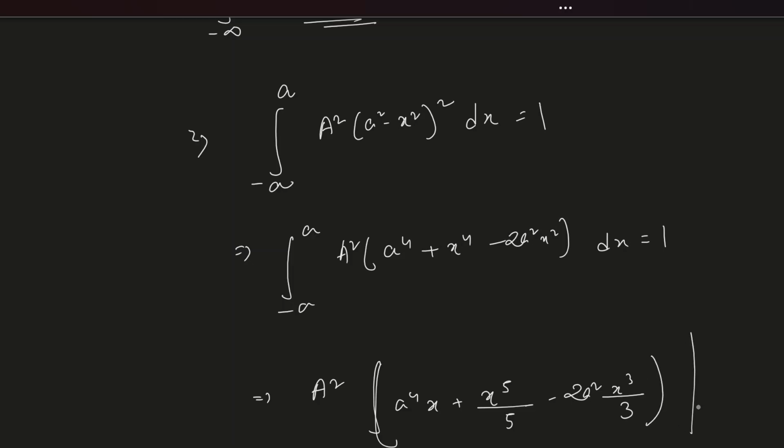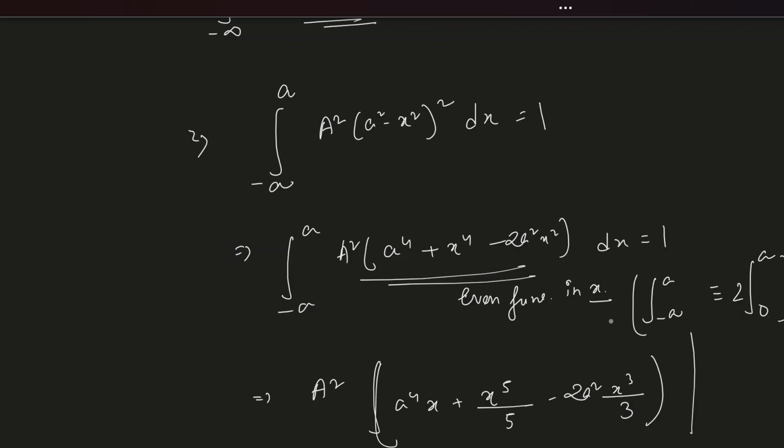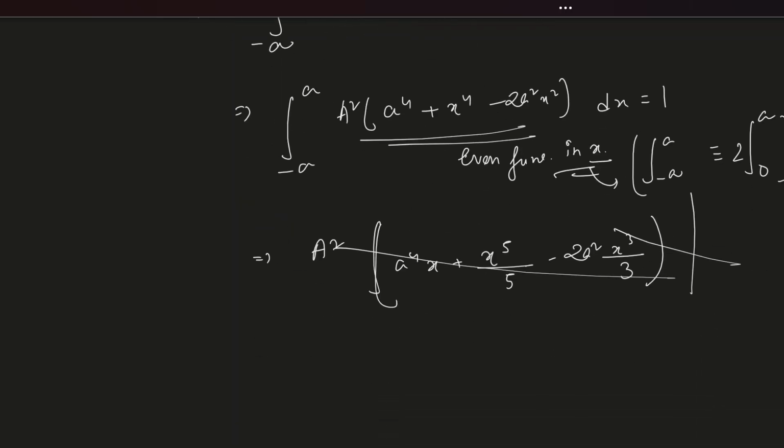First of all, you can simplify this even further, because it is all even function in x, so your integral limit from minus a to plus a is similar to 2 times from 0 to a, because this is symmetric with x. Sign dependence is not there because only even powers of x are there, right? So this will simplify the limit a bit, that this is 2a squared. Now the integral limit is 0 to a.